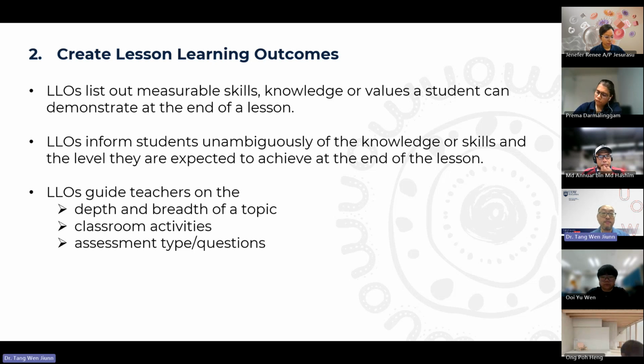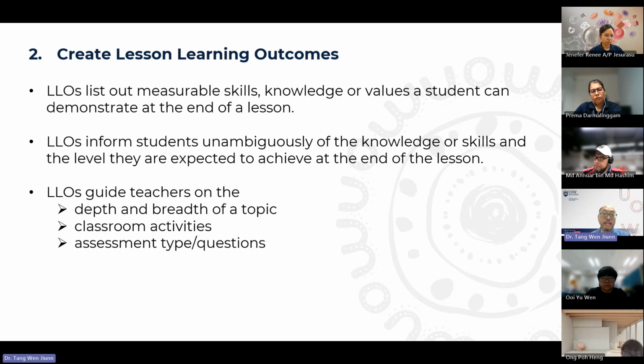We have CLO, course learning outcome. Course learning outcome will be the outcomes after you cover the entire module. Lesson learning outcome is what you plan to deliver for that one particular topic and for that one particular class.